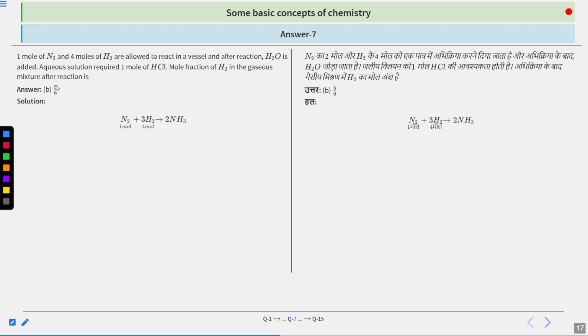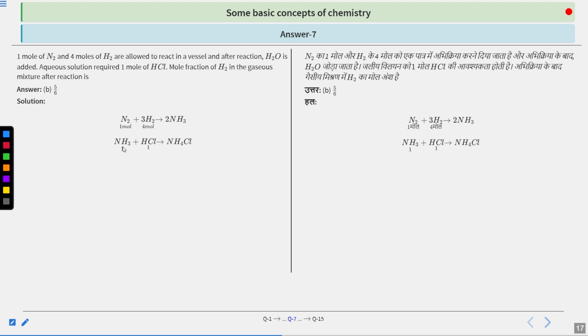What is the explanation? In the balanced equation, we can see that we are taking 1 mole of N2 and 4 moles of H2. But since 1 mole of N2 requires 3 moles of H2, nitrogen is the limiting reagent, and that will decide the final product moles. So upon reaction, 1 mole of N2 and 3 moles of H2 will be consumed, and we will get 1 mole of NH3.